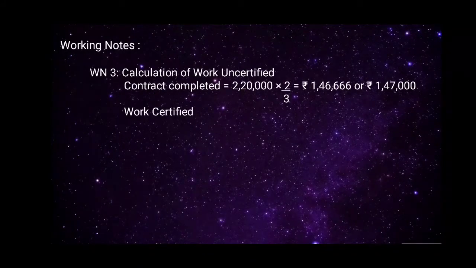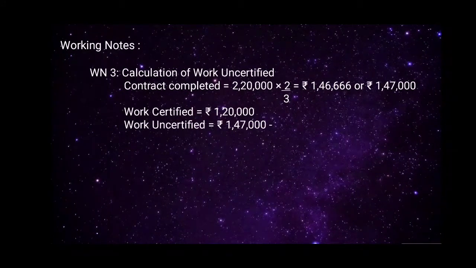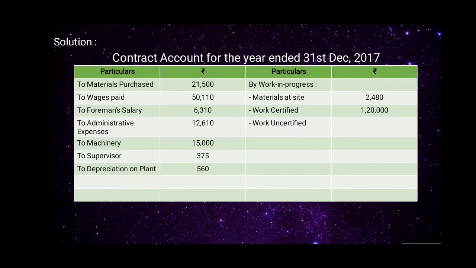Work certified is equal to rupees 1,20,000. So work uncertified is equal to rupees 1,47,000 minus rupees 1,20,000, which is equal to rupees 27,000. So we'll record it in the contract account under by work in progress. So work uncertified amount is 27,000.